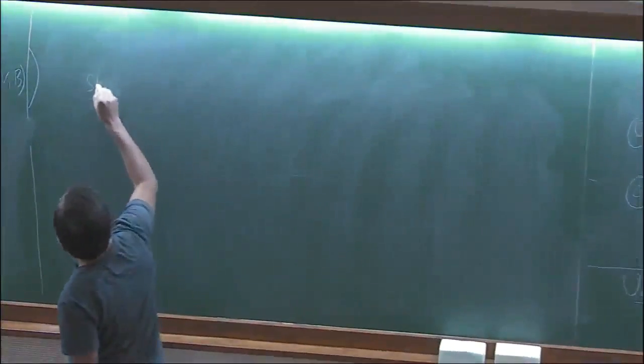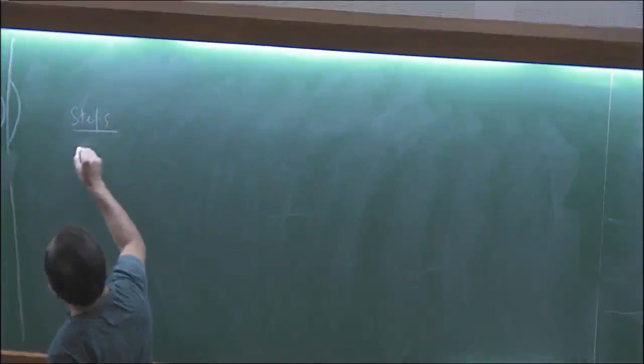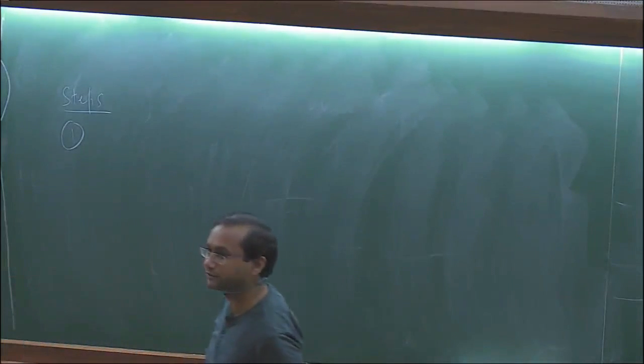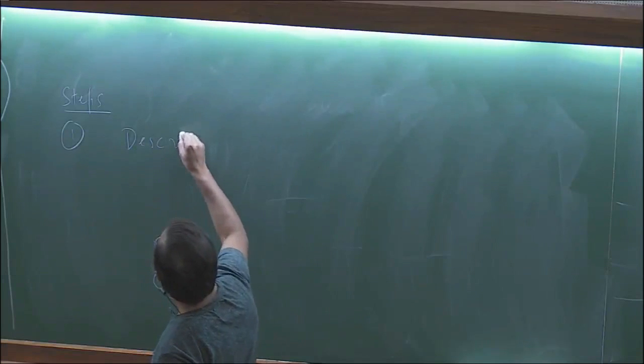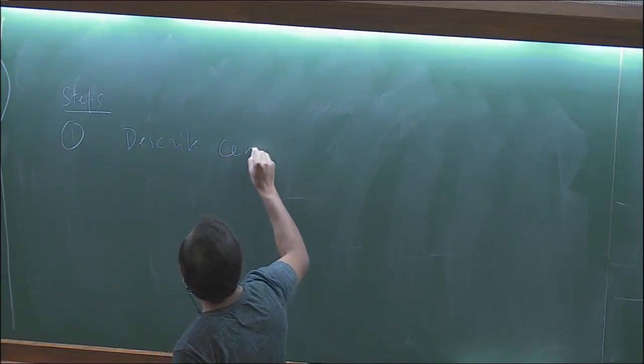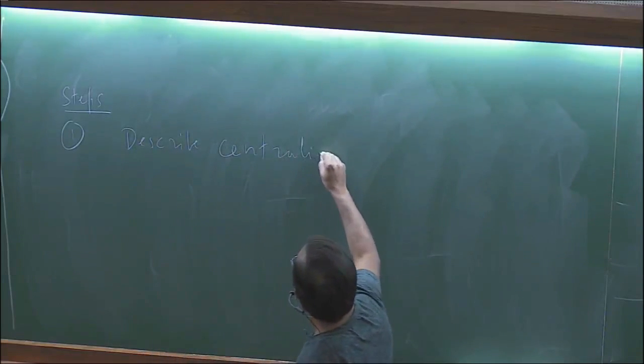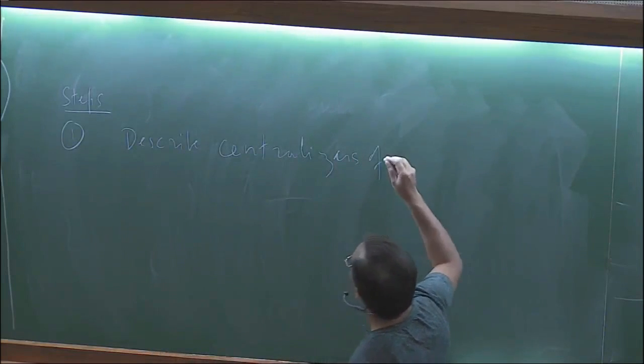Step number one: first we have to find these kinds of groups, which are the centralizers of semi-simple elements. So describe centralizers of semi-simple elements.